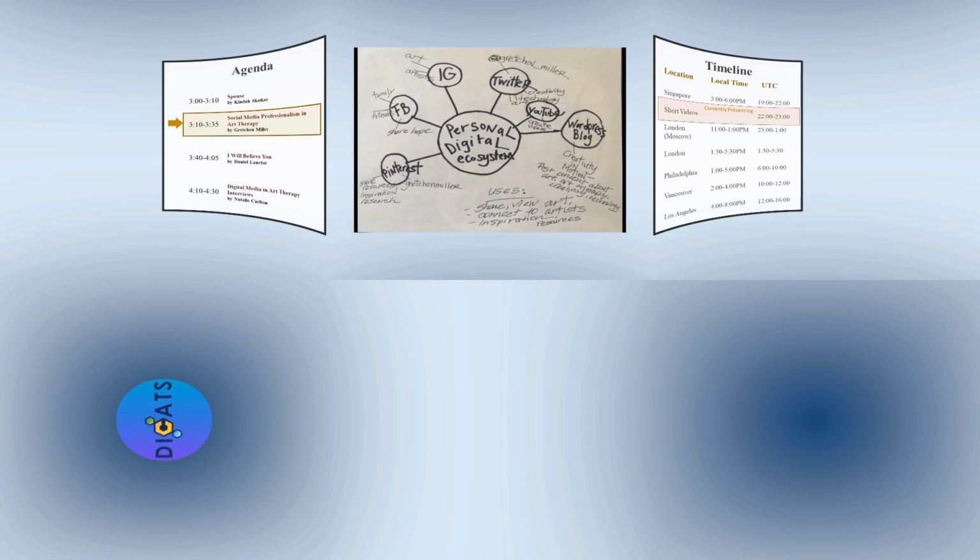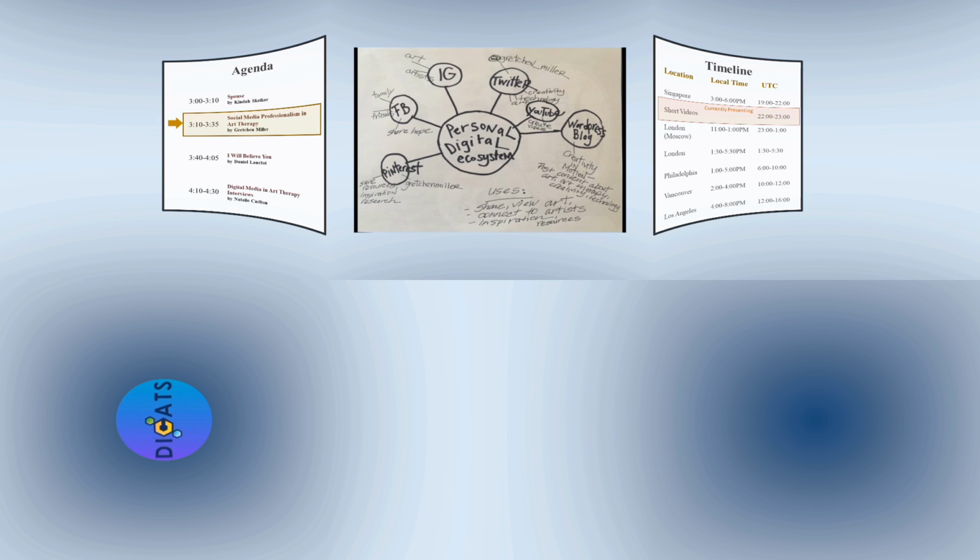So you can create an image of your digital ecosystem if you would like to make art about this topic. You can also create this in the form of a mind map if organizing the content in that way would be helpful.